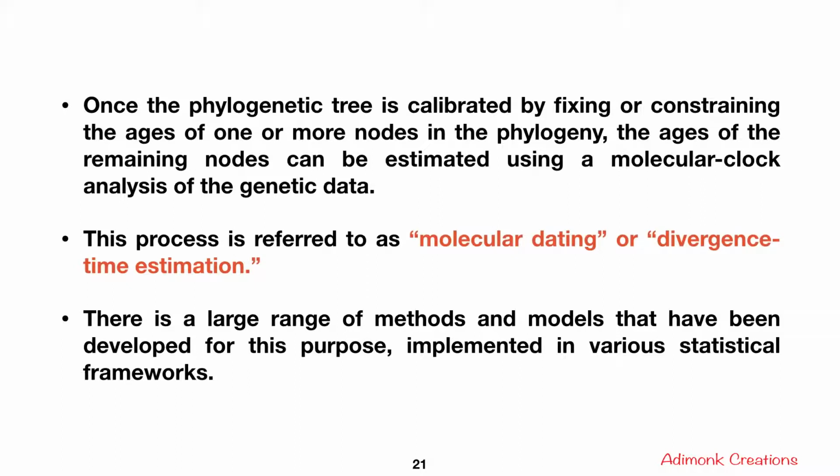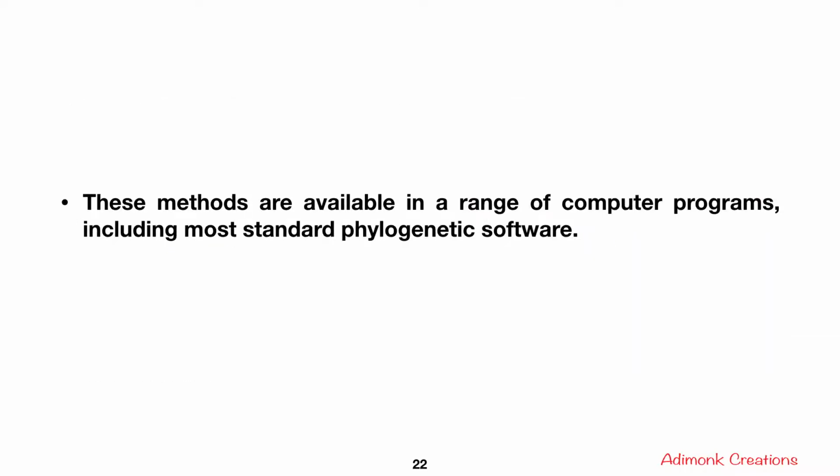This process is also referred to as molecular dating or divergence time estimation. There is a large range of methods and models that have been developed for the purpose, implemented in various statistical frameworks. These methods are available in a range of computer programs, including most standard phylogenetic software.